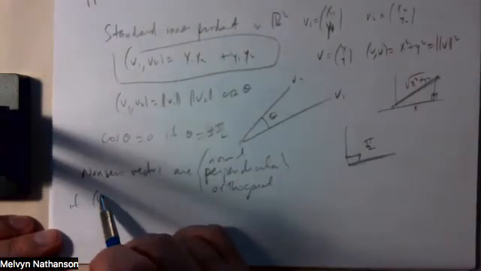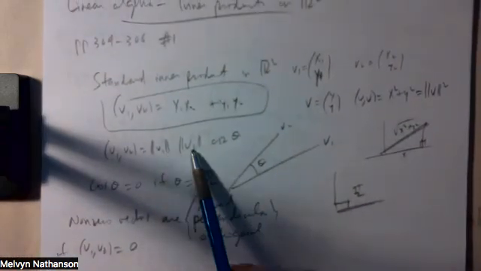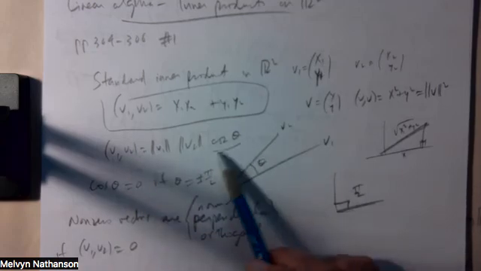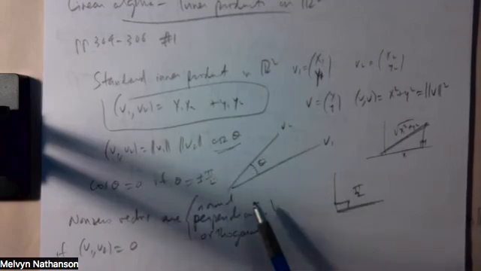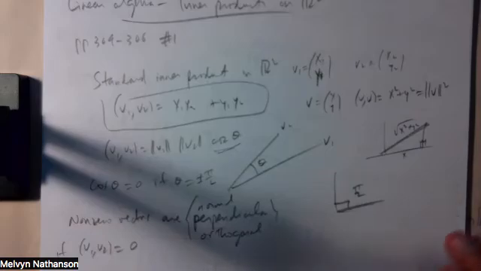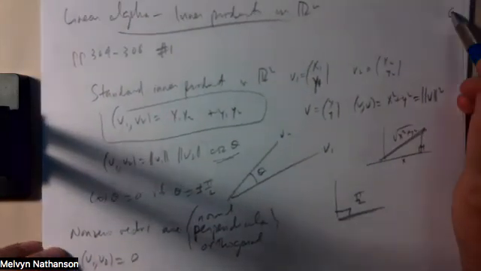If the inner product of v1 and v2 is 0. If you have two vectors that aren't 0, so their lengths are positive, the only time the inner product is 0 is if the cosine of the angle between them is 0. And that only happens when the angle between them is plus or minus pi over 2 radians. So perpendicular vectors have inner product 0.